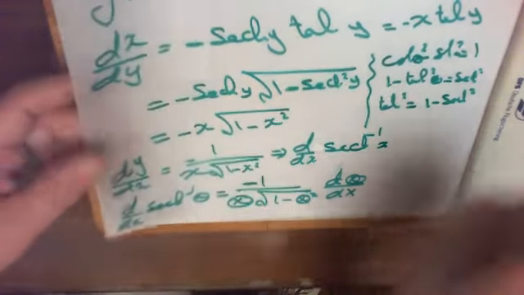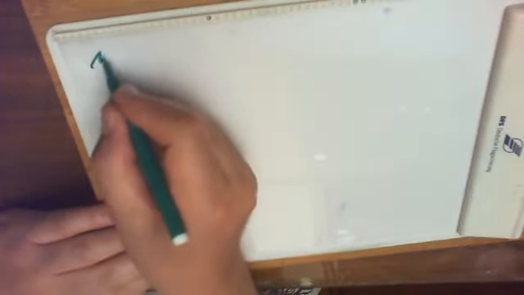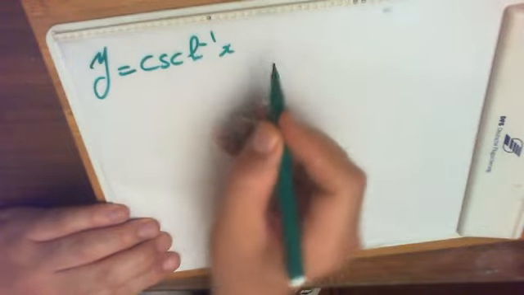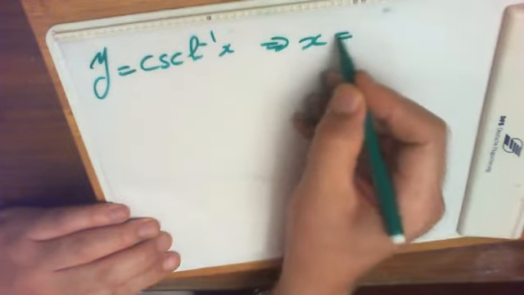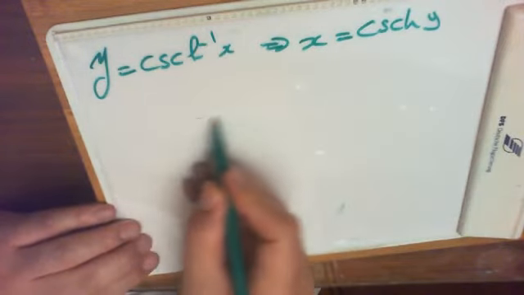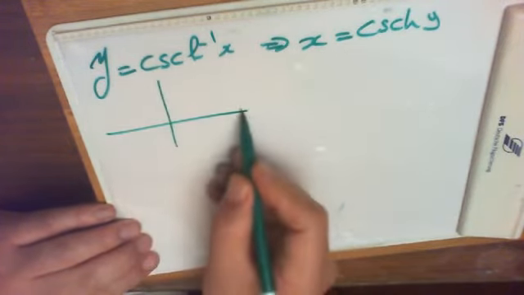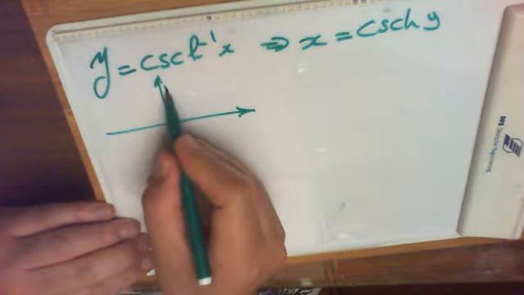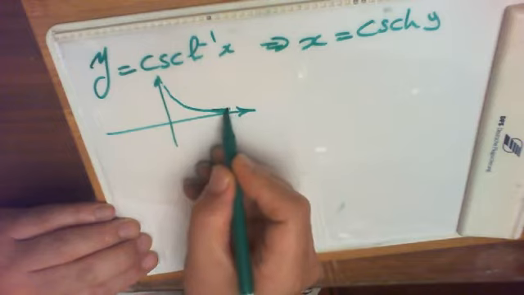The last function of the inverse hyperbolic functions is cosech minus 1 x. y equals cosech minus 1 x, which means that x equals cosech y. If you remember, we considered the principal branch of the cosech like this, the same as the original function.